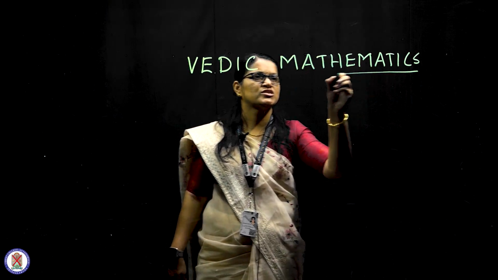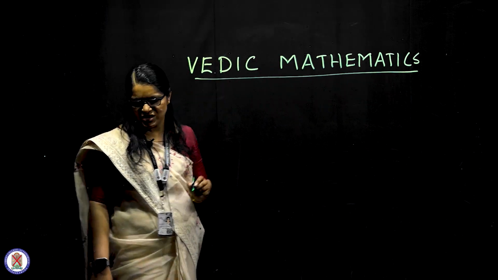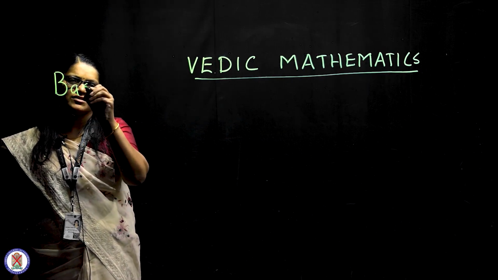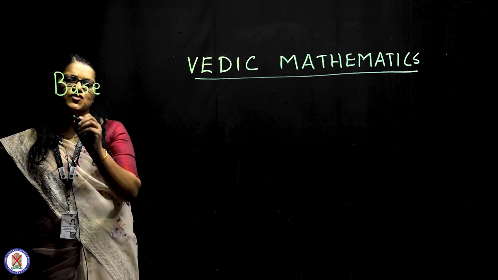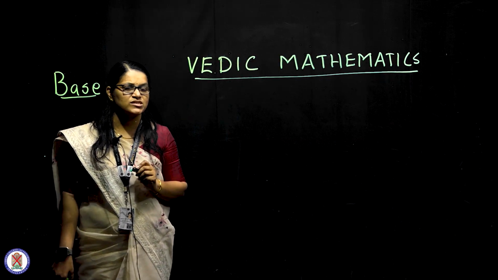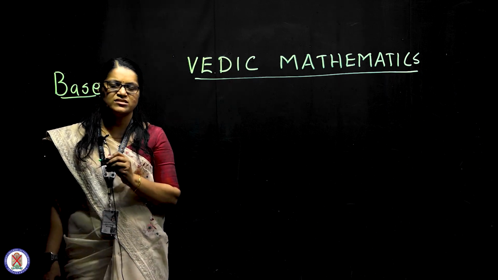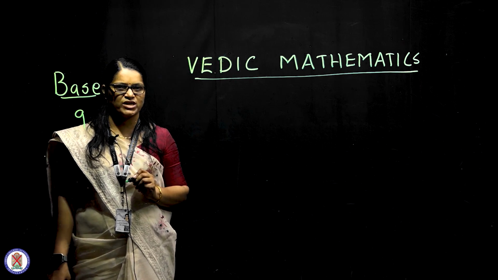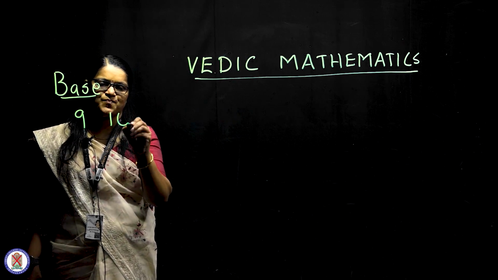Before moving on to performing the multiplication, we need the concept of base. The base for a number is the power of 10 nearest to that number. For example, the base for 9 is the power of 10 nearest to 9, that is 10.